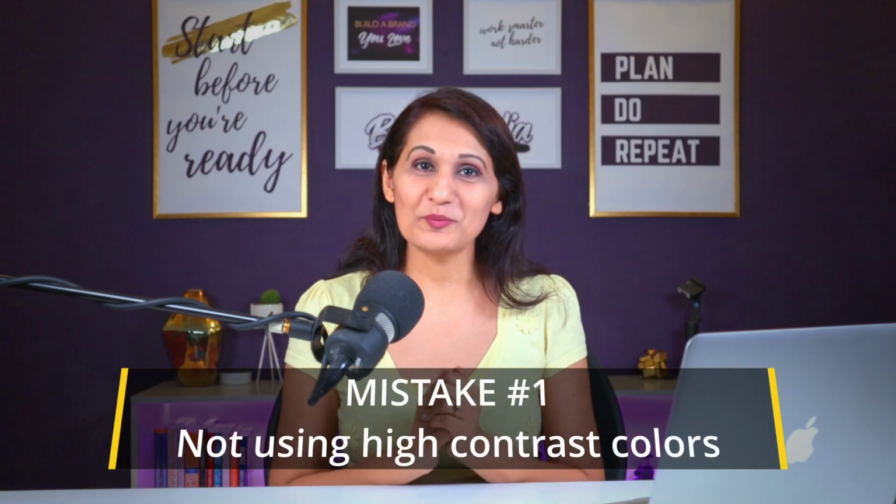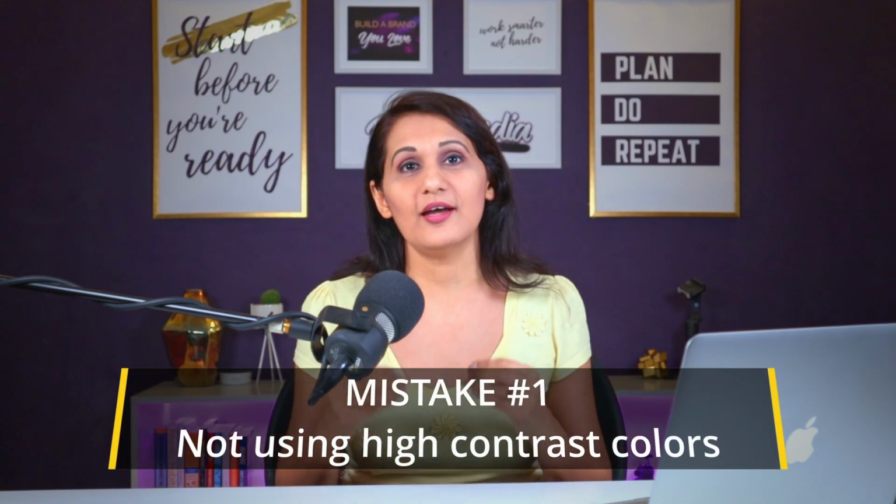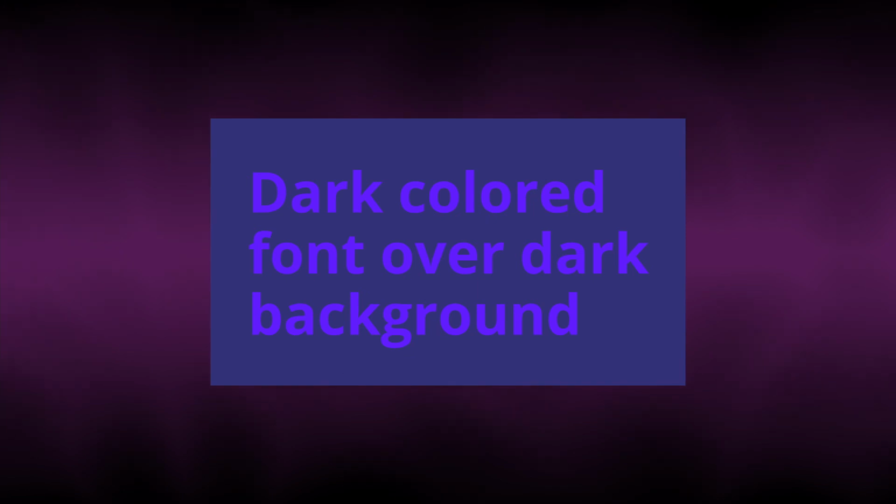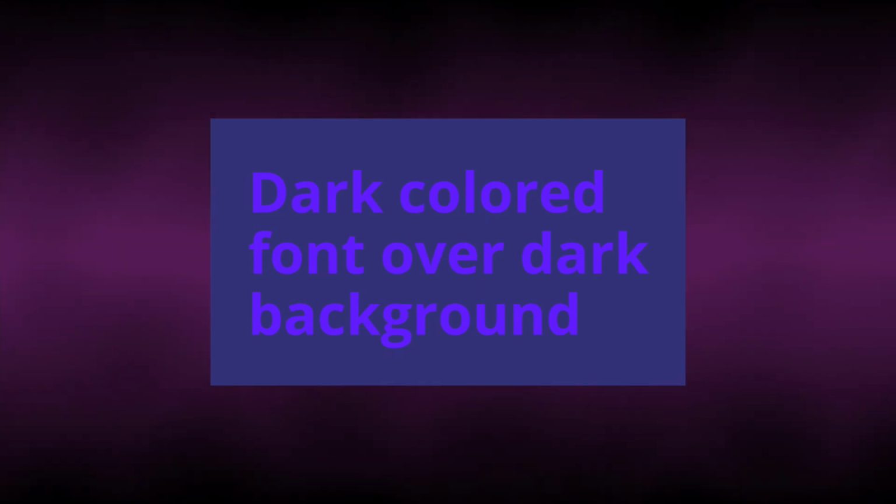The first don't, which is the mistake that I see people making, is that they do not use high contrast colors. So the thumbnail bleeds into each other. The font is dark and the background is dark. So you cannot read it, right? That's an example of a low contrast color. Also, a light colored font on a light colored background. Again, not readable.